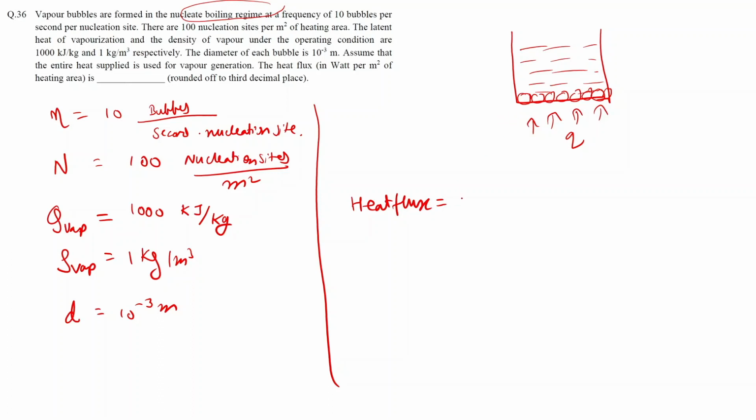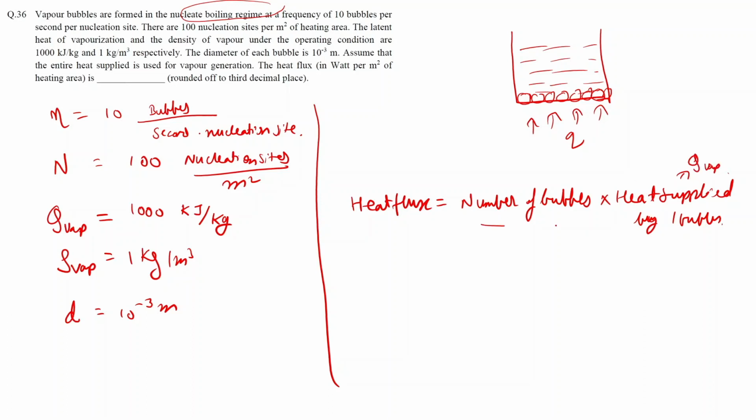So the total heat flux we can write as the number of bubbles into the heat supplied by, let's say, one bubble, and this is Q vaporization. Ultimately we have to find the number of bubbles and then multiply it by Q vaporization, and we can get the total heat flux.